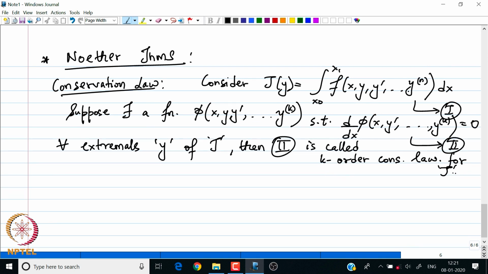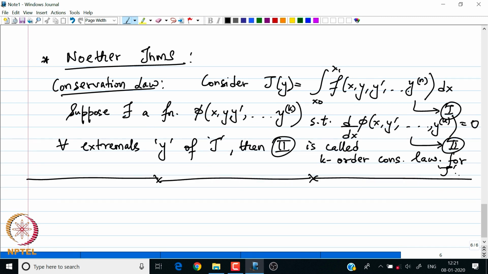So we have seen conservation laws in the past. Let me quickly recall. Notice this function h is equal to y prime del f del y prime minus f. We have seen this in our Beltrami identity.